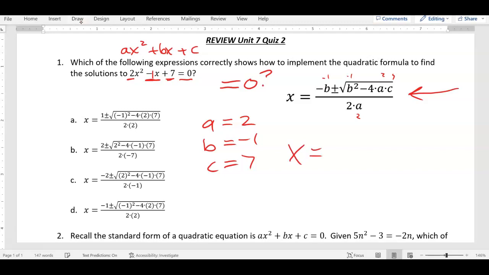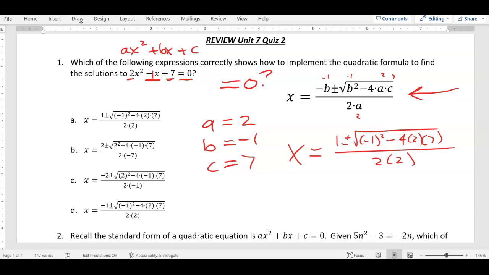X equals negative B. Now, if B is already negative, then that's going to give me a positive 1, plus or minus the square root of B squared. So negative 1 is my B, so negative 1 squared minus 4, A and C. So A is 2, C is 7, all over 2A, which is 2.